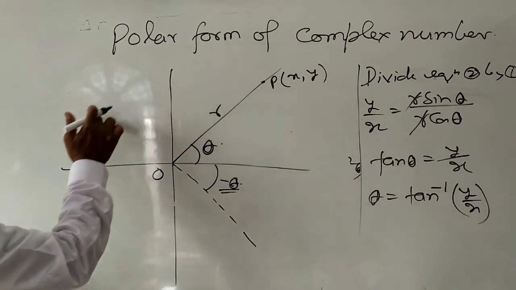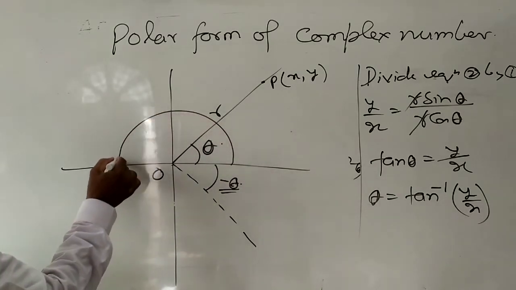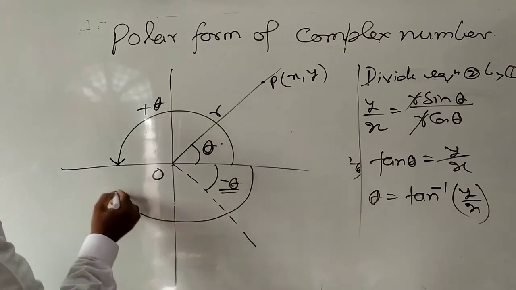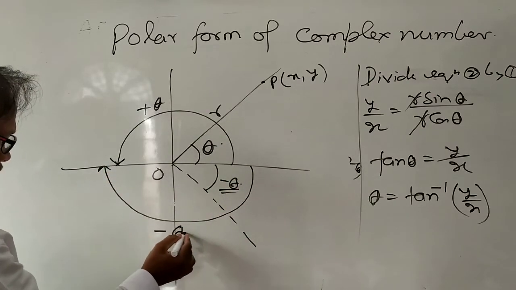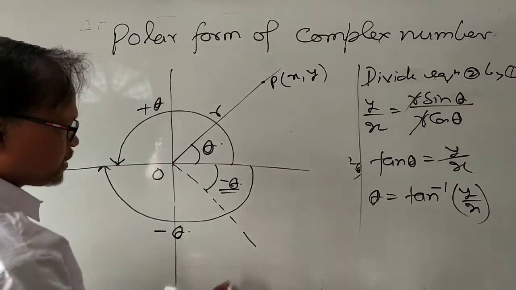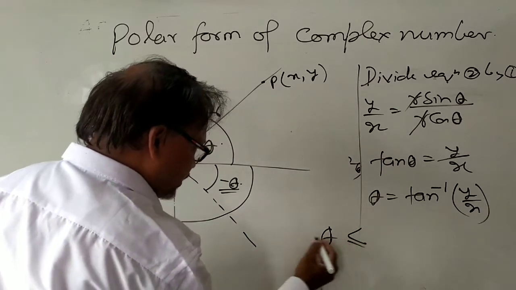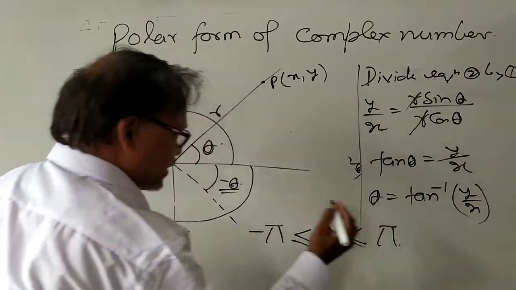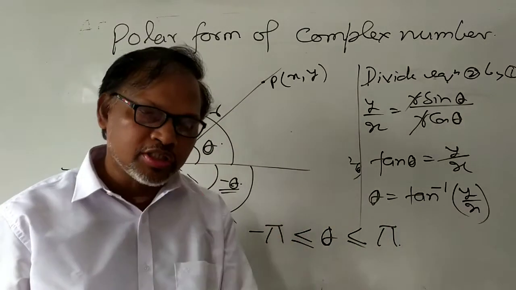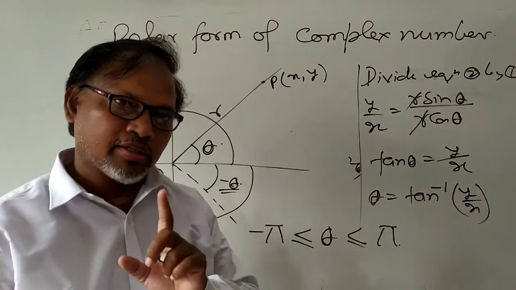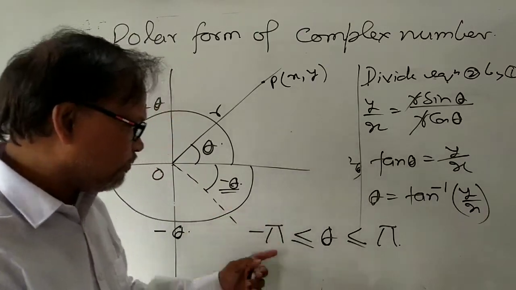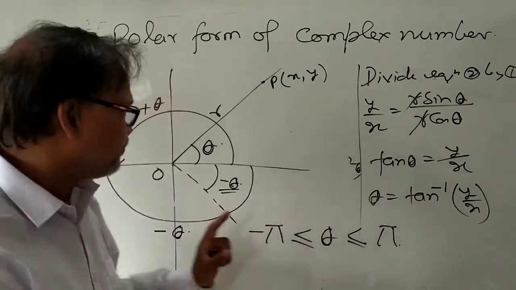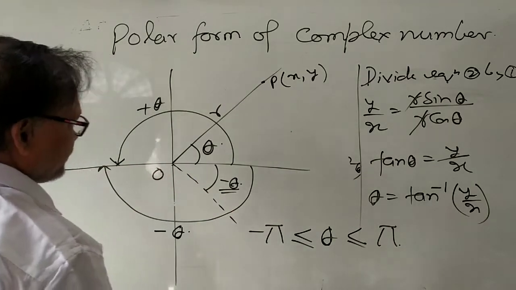In the anti-clockwise direction from here to here it will be positive, and from here to here it will be negative, and this plus theta and minus theta will lie only between minus pi to pi. Means the principal value of theta in the complex number, if we have to find theta, you will have only the range between minus pi to pi. This is called the range of the complex number.